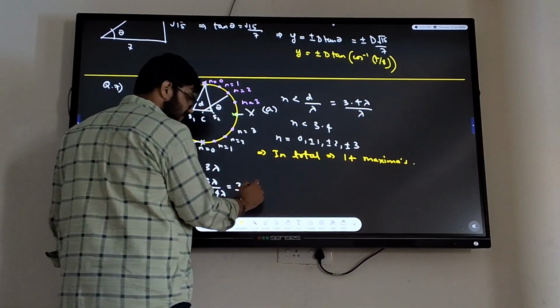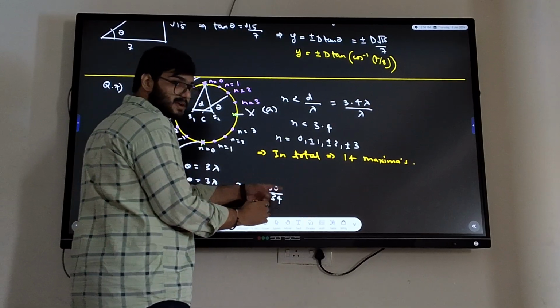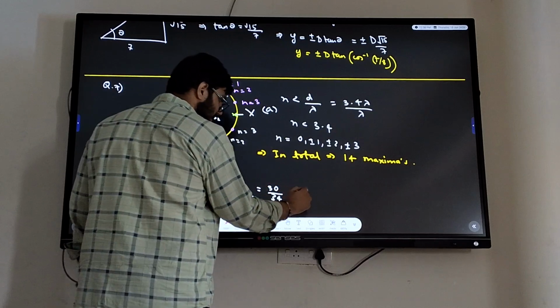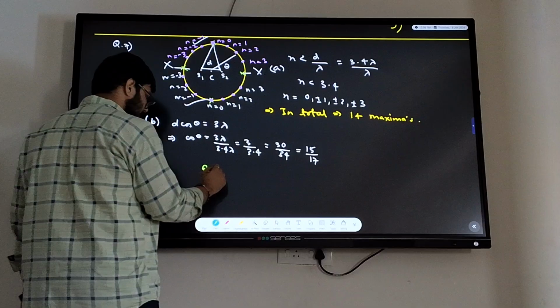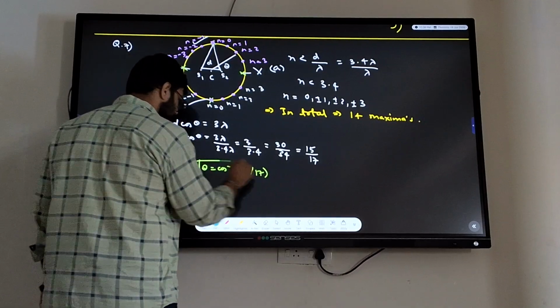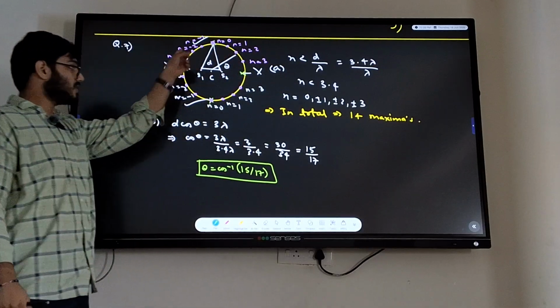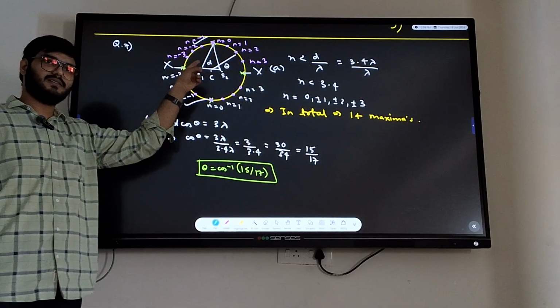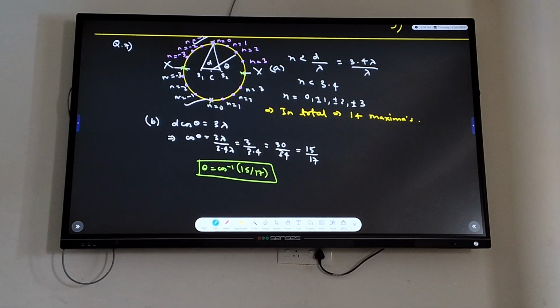This can be simplified further, 30 by 34, and that's something like 15 by 17, kya? And then what is theta? Cos inverse of 15 by 17. That's just one angle, but there are all these 4 positions as well, na? So you keep on finding those positions as well. Good.